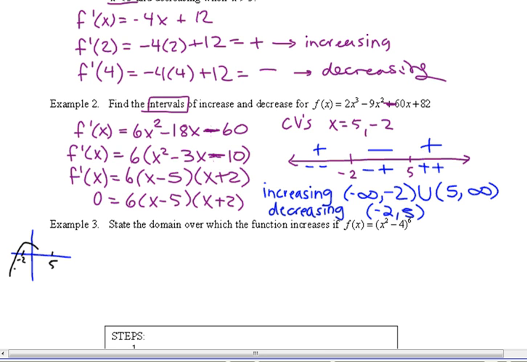So positive slope, negative slope, positive slope. Increasing, positive slope, decreasing, negative slope. So those are your critical values.